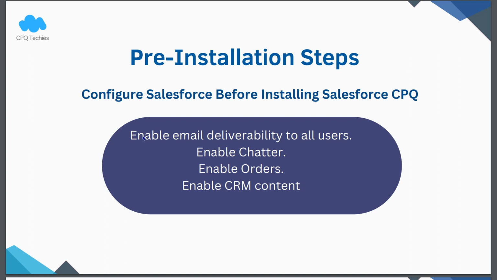Okay, so you will find all these things in Setup. If you go to Setup and just type email deliverability, you will check that in email deliverability, all email access should be selected.